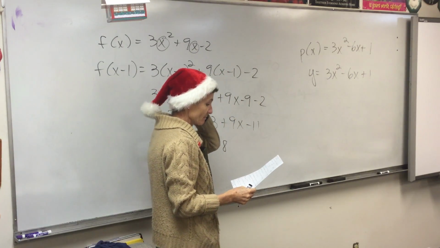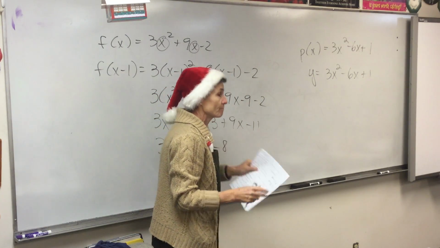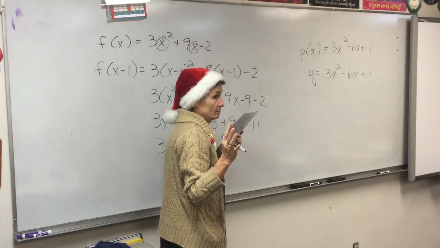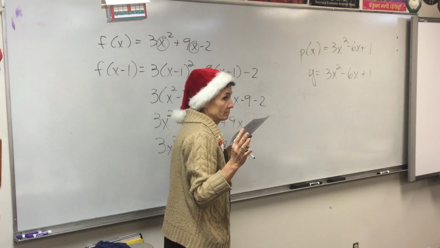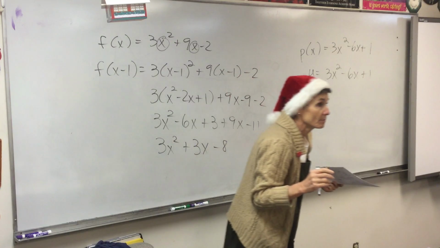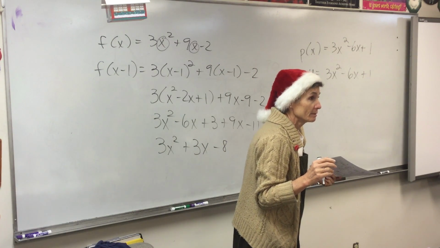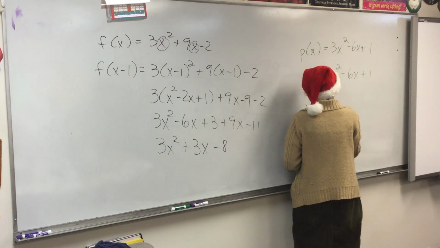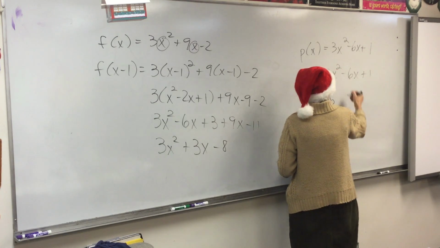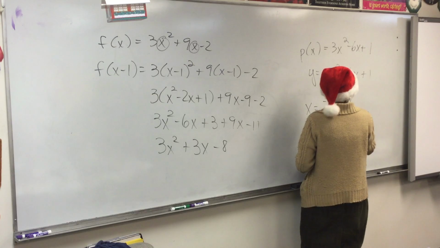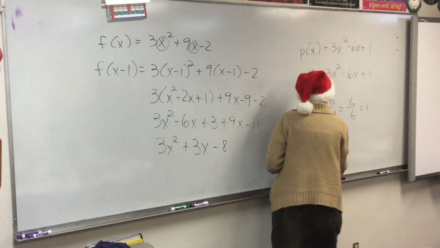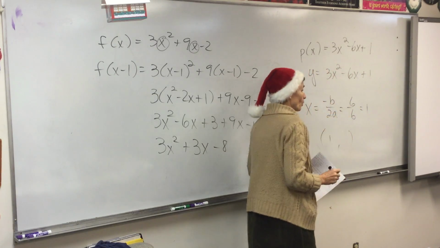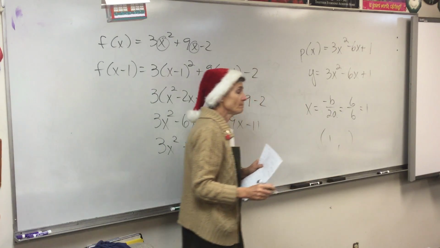And your job is to find the vertex. To get the x coordinate, we use negative b over 2a, which would be 6 over 6, 1. So for our vertex, the x coordinate is 1.